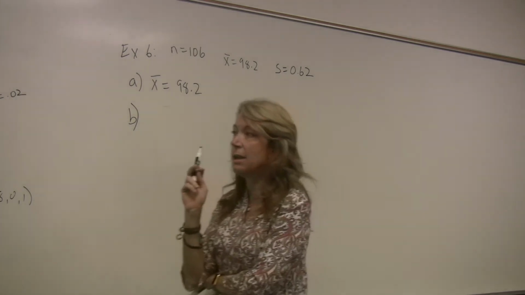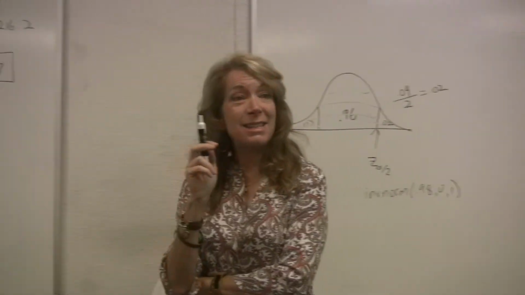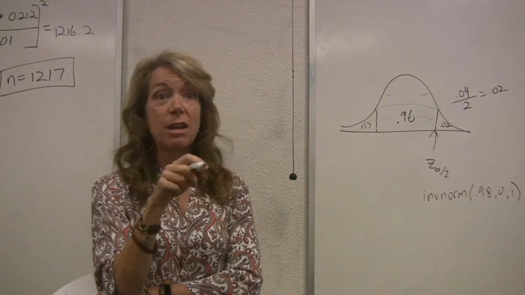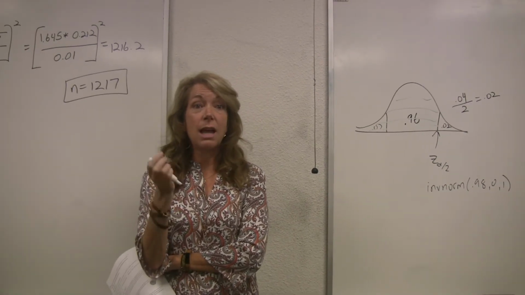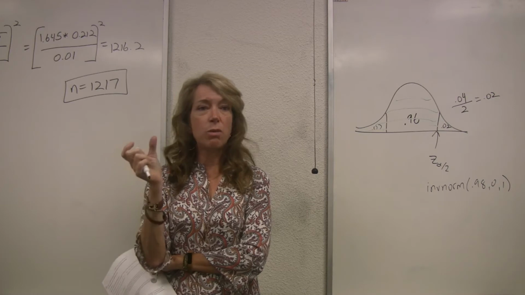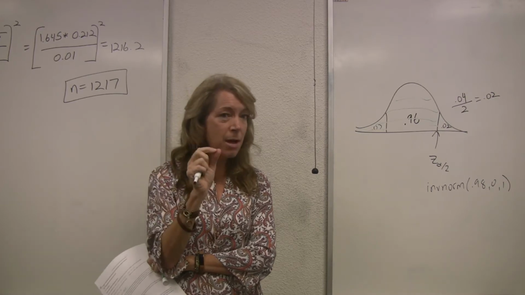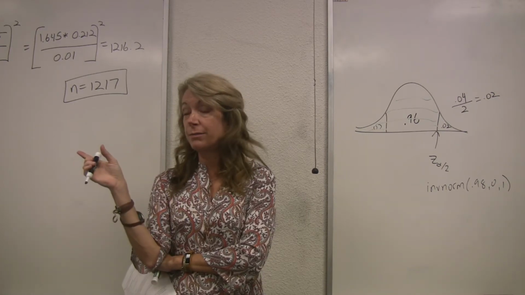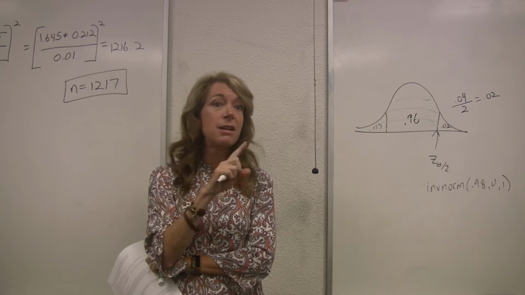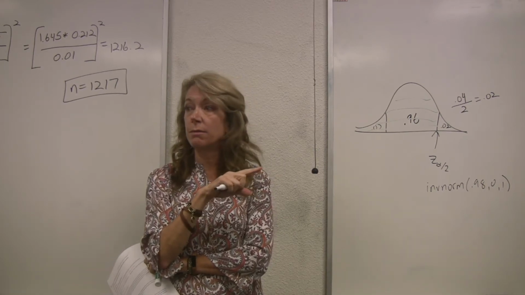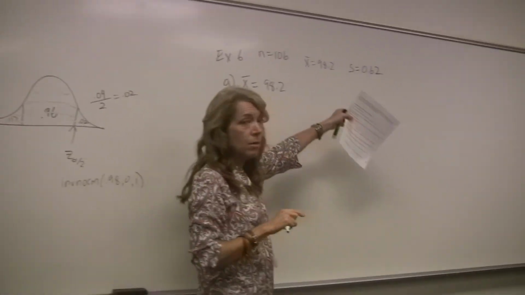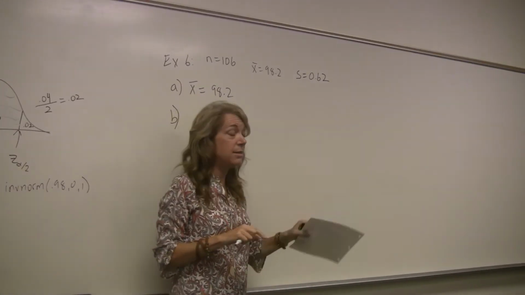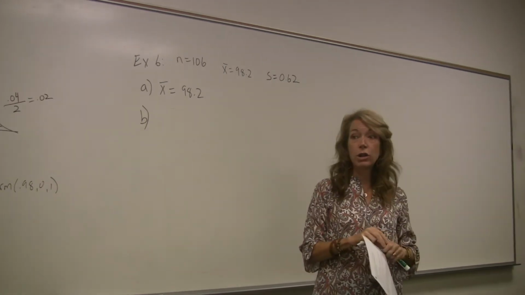That's not what I said. So S stands for sample standard deviation, and sigma stands for the population standard deviation. And that's the subtle detail. You need to know which one you have, because if you have sigma, go ahead and do Z interval. But if you only have S, you have to do a T interval. Crucial that you know the difference between S and sigma in words and symbols.